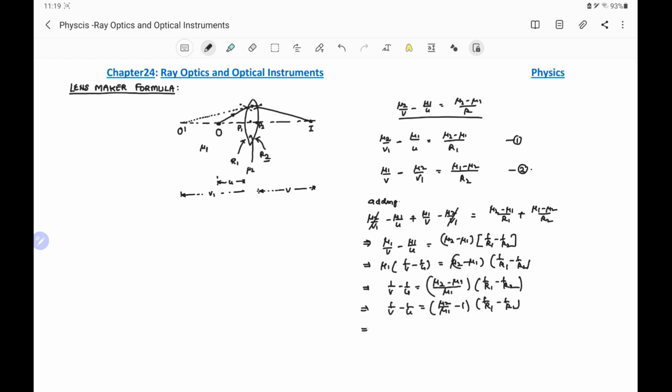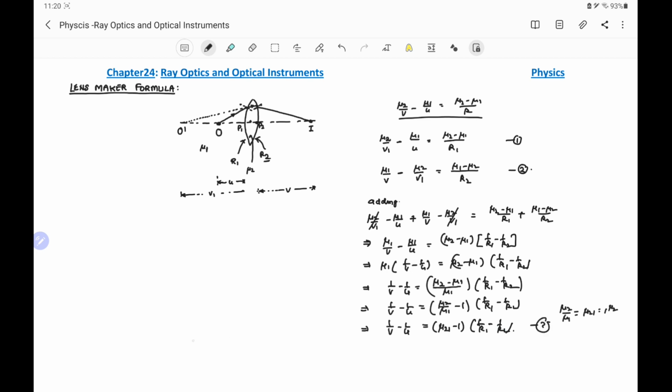Finally, mu2 by mu1 is the refractive index of medium 2 with respect to 1, so we can write it as mu21. Therefore 1 by v minus 1 by u equals mu21 minus 1 into 1 by r1 minus 1 by r2. This is equation number 3.